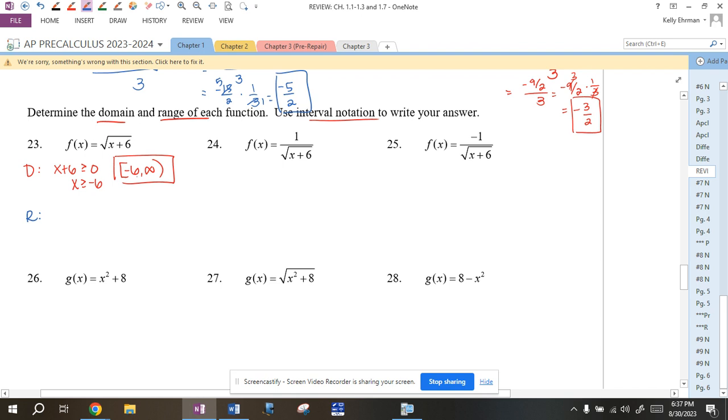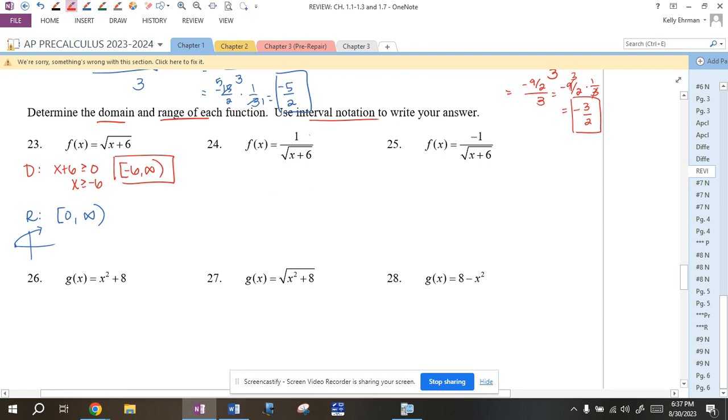You could also think like plug in negative 6, you get 0. Plug in negative 5, you get square root of 1. Plug in negative 4, if you keep plugging in numbers, you're going to keep getting higher and higher numbers. Or you could think of the graph. Lots of ways to get the range on this one. But the square root of a linear expression will always be 0 to infinity, unless I put like a negative sign out in front or something like that.